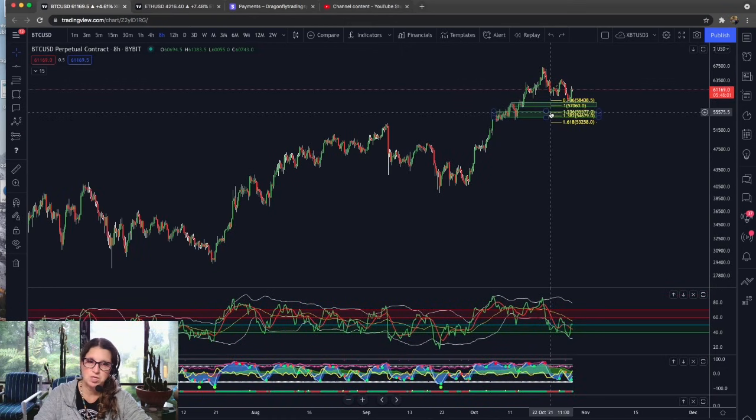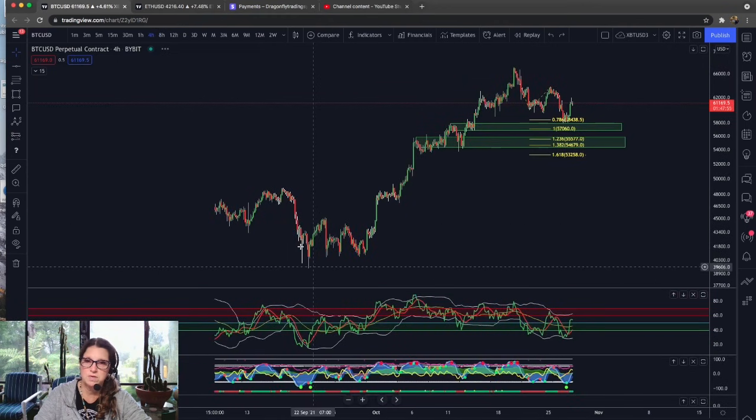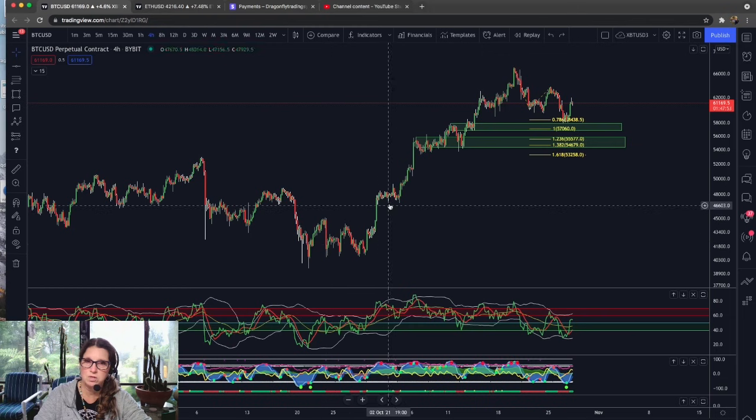Okay, let's talk about this count. So this is where the second potential wave 1 starts. And first thing I want to talk about is time. If this is a 4th wave, it would mean that we're correcting this entire wave 3.